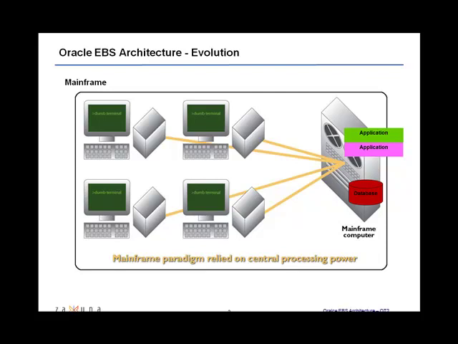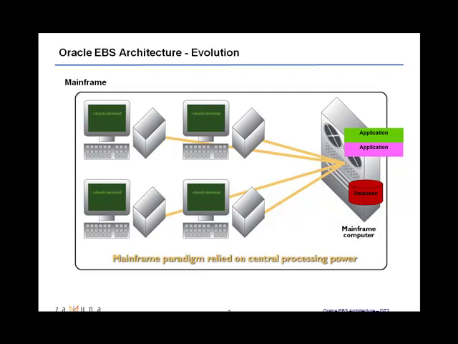Oracle EBS architecture. Again, whenever we say EBS, it references Oracle eBusiness Suite, which encompasses all Oracle applications related to enterprise resource planning, primarily the financials, manufacturing, and anything associated in that space.